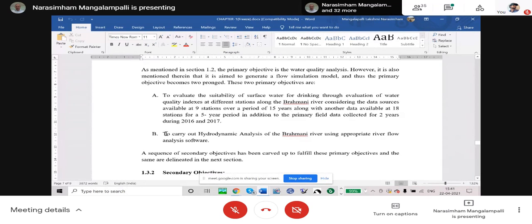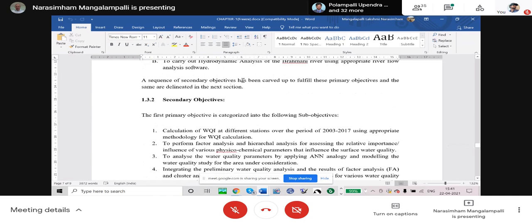Then the second objective is to carry out the hydrodynamic analysis of the river using appropriate river flow analysis software. Now, these are very broadly identified objectives. A sequence of secondary objectives has been carved up to fulfill these primary objectives, and they are delineated in the next section. Here I am explaining that.